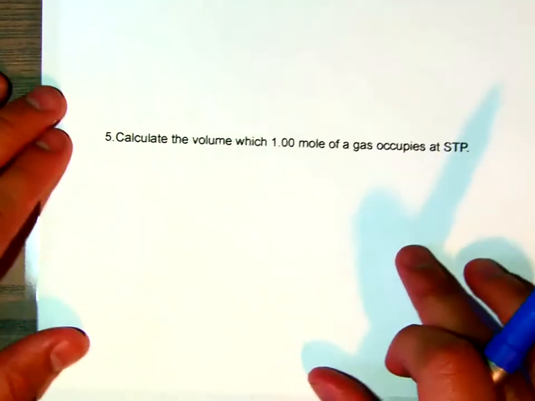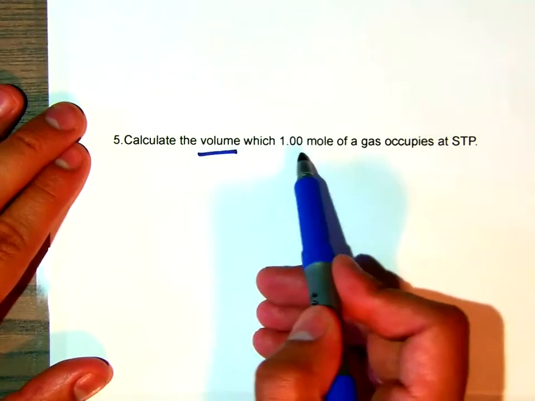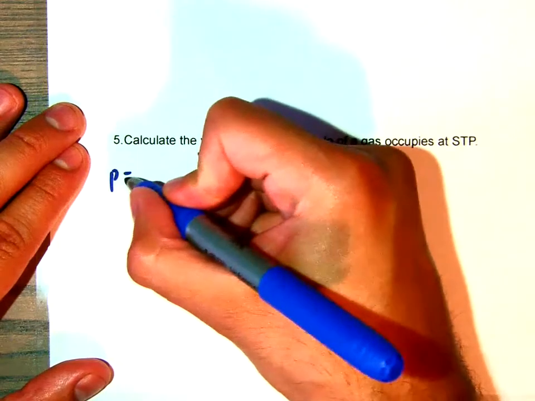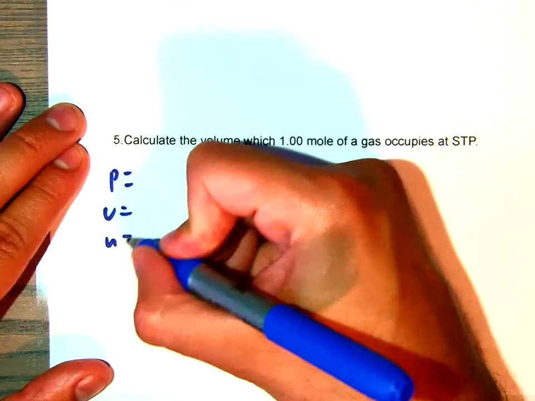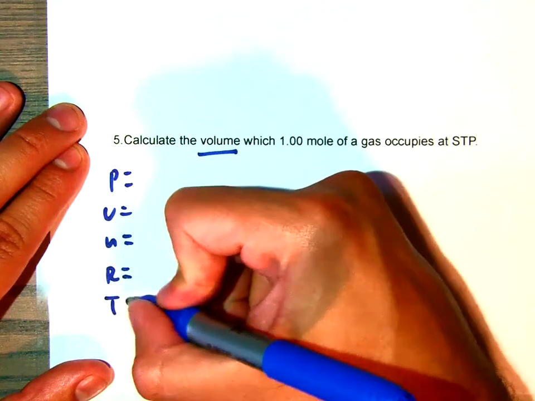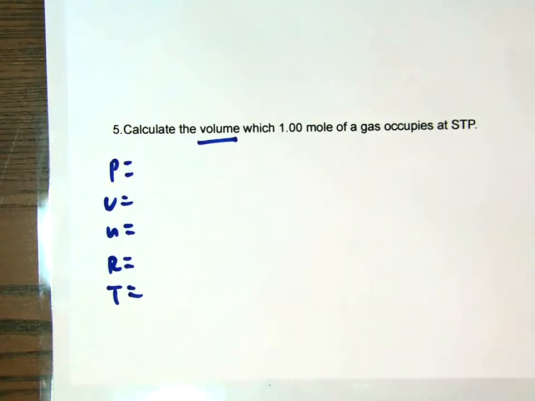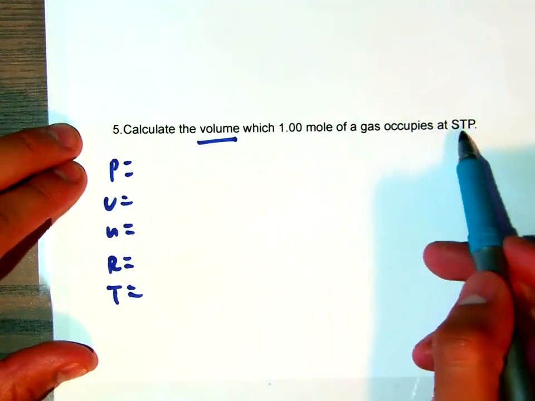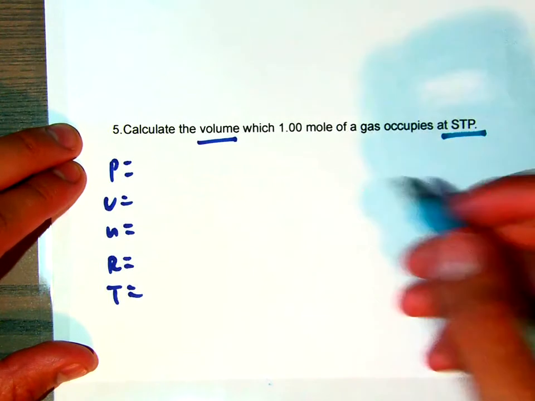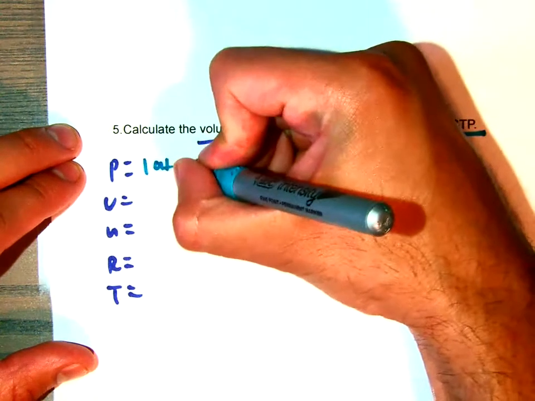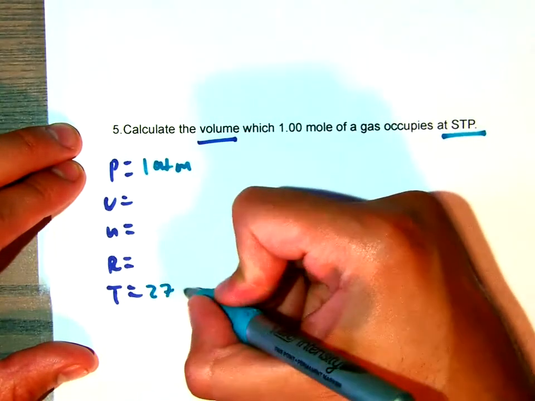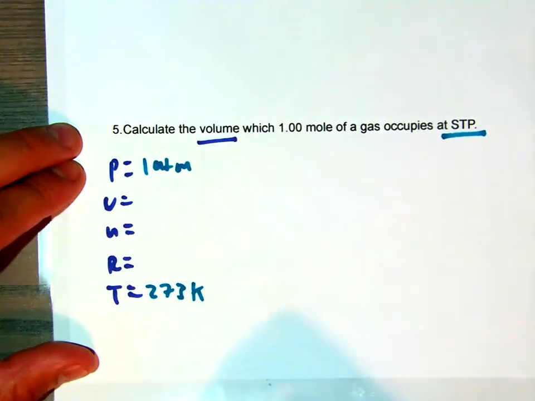Okay. So it says calculate the volume of 1 mole of gas at STP. Well, P, V, N, R, and T, right? I list those variables and just get organized. So my pressure, STP, what is STP? Well, remember, standard temperature and pressure, that's 1 atm. What's my standard temperature? That is 273 Kelvin.